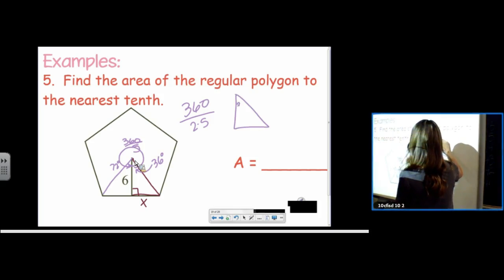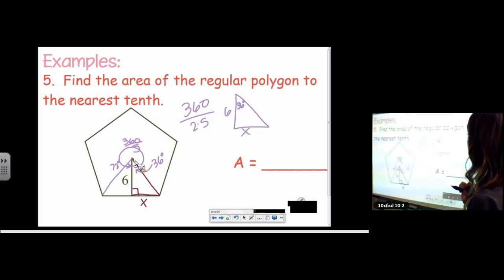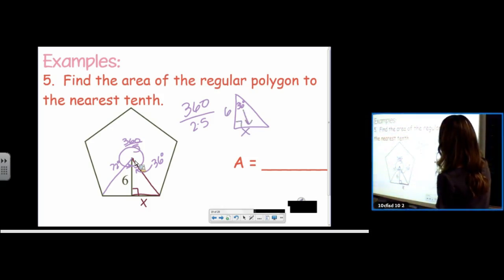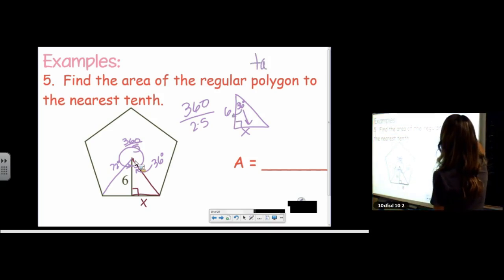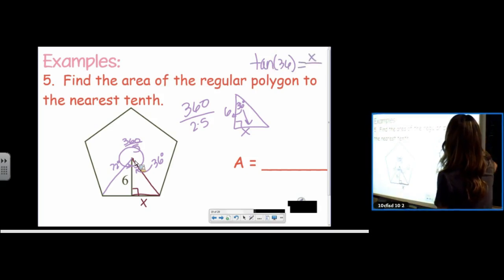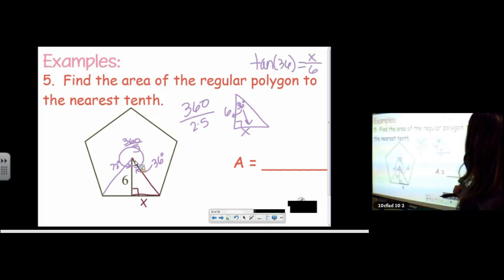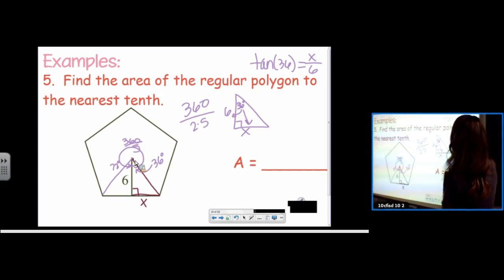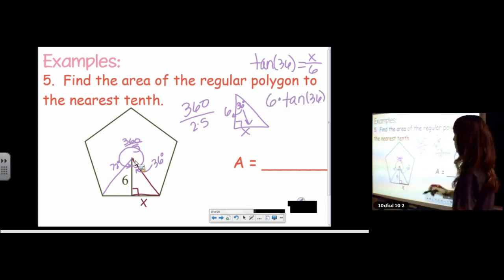So this angle is 36, this is 6, and this is X. I have opposite and adjacent. So tan 36 equals opposite over adjacent. The variable is in the numerator, so we're going to multiply 6 times tan 36.